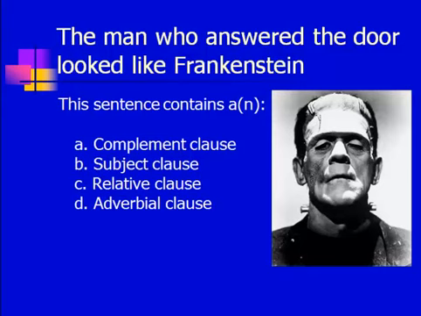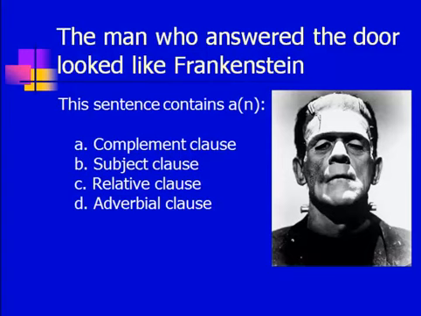Now, if you try and form the subject question with answered, you get who answered the door looked like Frankenstein. That's not a good question, so let's try it with looked. Who looked like Frankenstein? Aha, who looked like Frankenstein? And the answer is the man who answered the door.